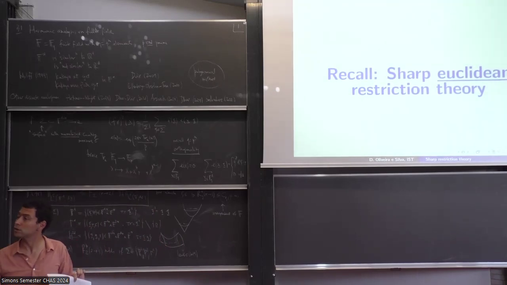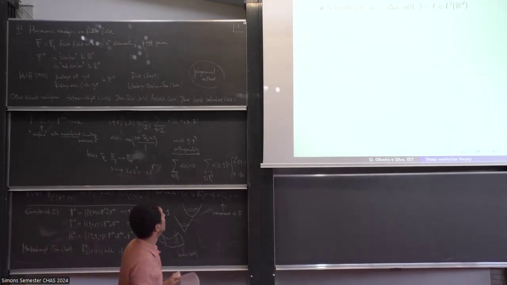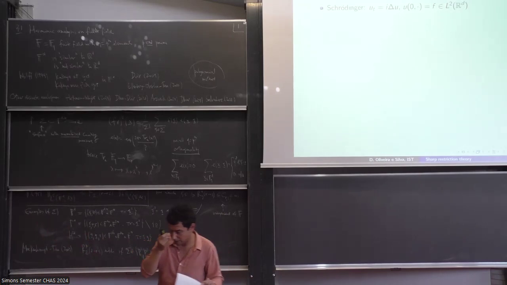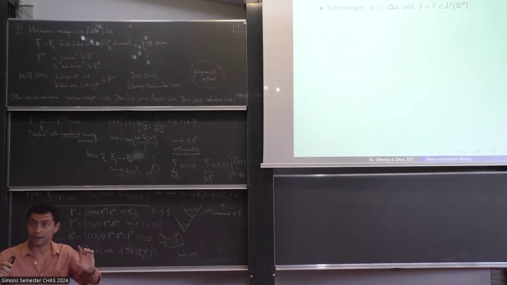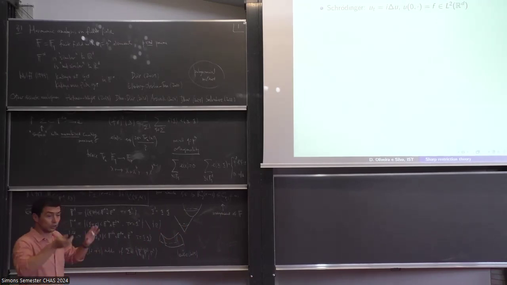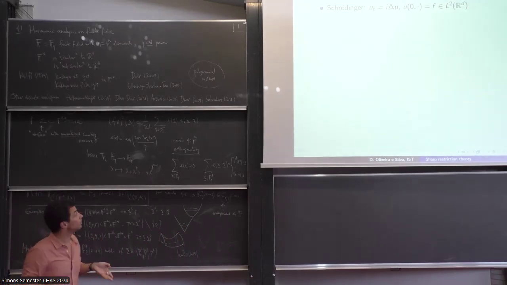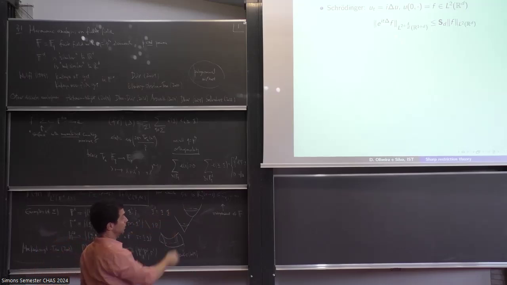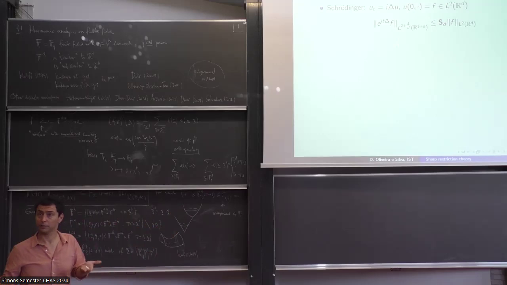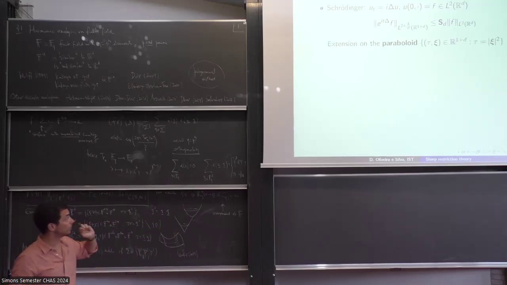So the next two slides are just revision. On Tuesday, we basically talked about sharp restriction on the parabola. We're in the Euclidean setting now, back to R^d, and we talked about the parabola and the cone. The parabola is related to the Schrödinger equation. There's an L2 to L2 plus Strichartz inequality, which was an extension for the parabola.